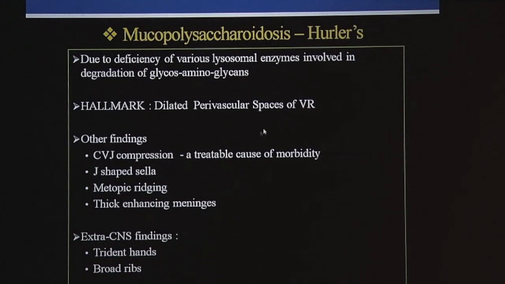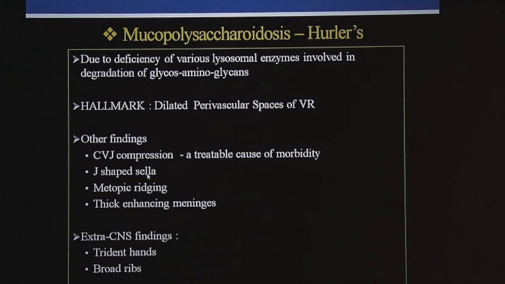On imaging, hallmark of this disease is dilated perivascular spaces of Virchow-Robin. In addition, you'll have a lot of bony abnormalities on X-ray. Because the bones are soft, you get CV junction compression, so basilar impression or basilar invagination, which is one of the treatable causes to avoid morbidity.